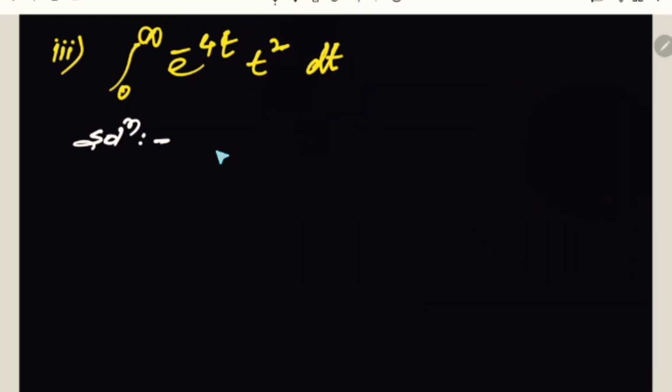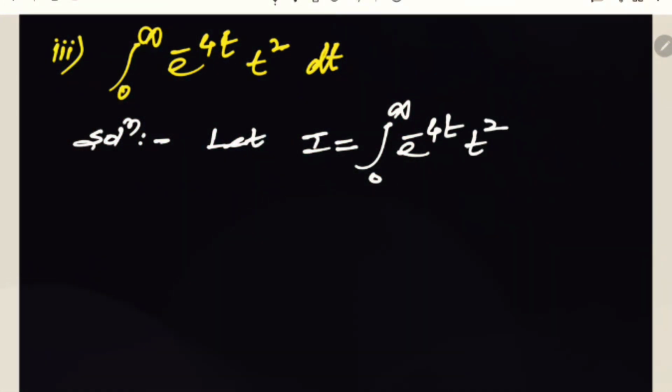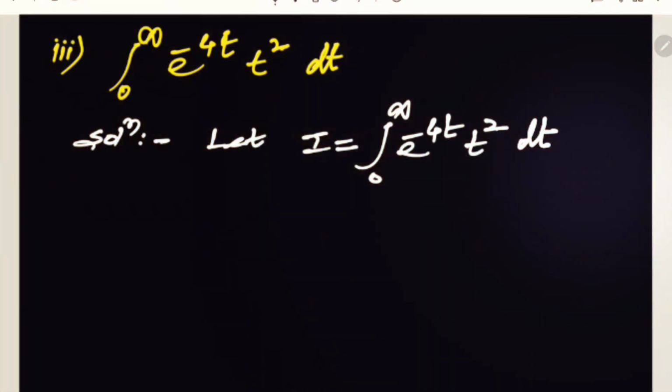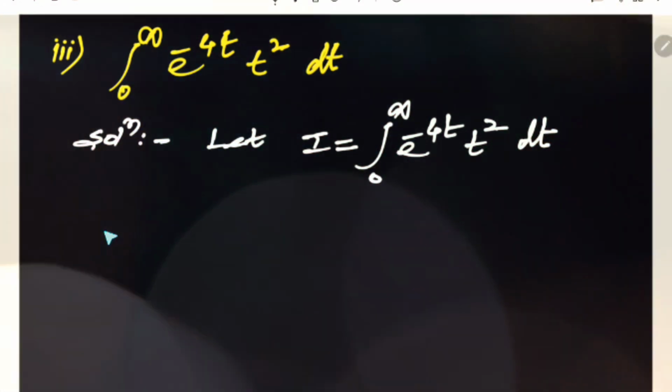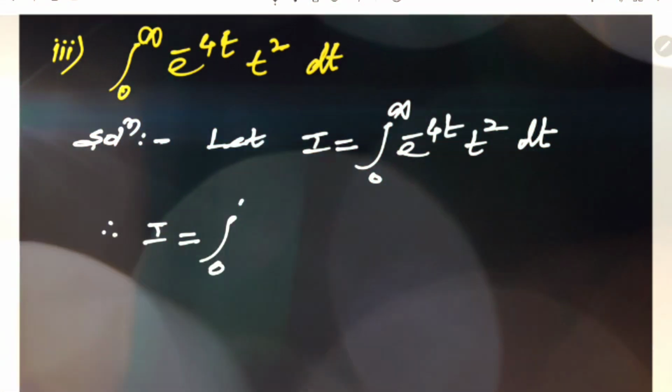Then the third example, evaluate integration from 0 to infinity of e raised to minus 4t into t square. A very simple example. Therefore, calling it as I, suppose this integral as I, integration from 0 to infinity of e raised to minus 4t into t square with respect to t, then replacing the e raised to minus 4t term by e raised to minus st as the first step.